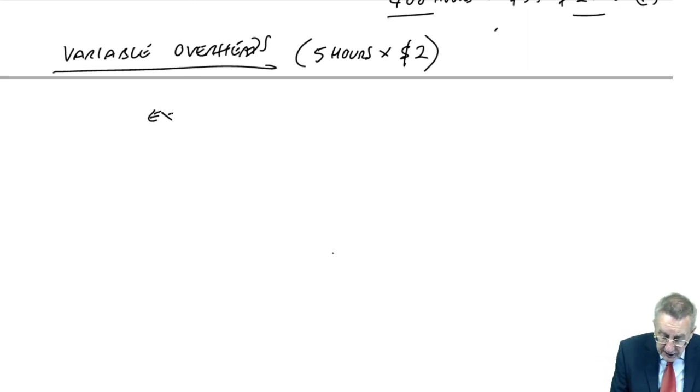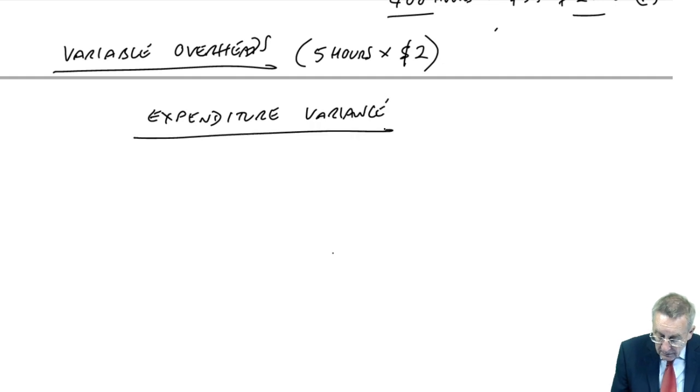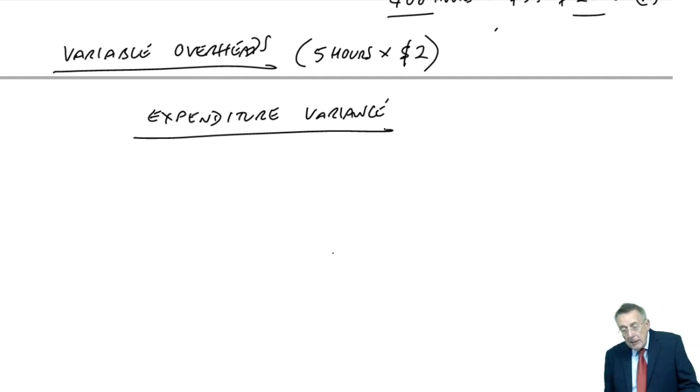So expenditure variance. And in a rather similar way to materials expenditure and to labour rate, we're going to compare what we spent on variable overheads as against what we should have spent at $2 an hour for the actual hours we used.